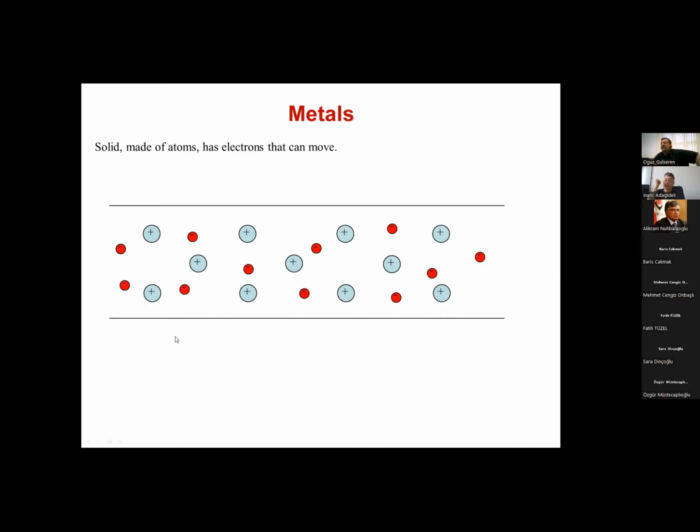So in metals, we have a positive background formed by these ions. Then the electrons form a sea. Electrons are loosely bound to the atoms, but in the metallic structures they easily move around and they form this electron sea.